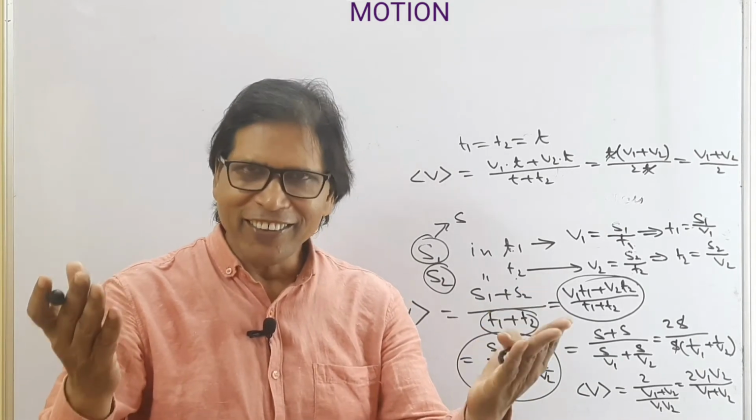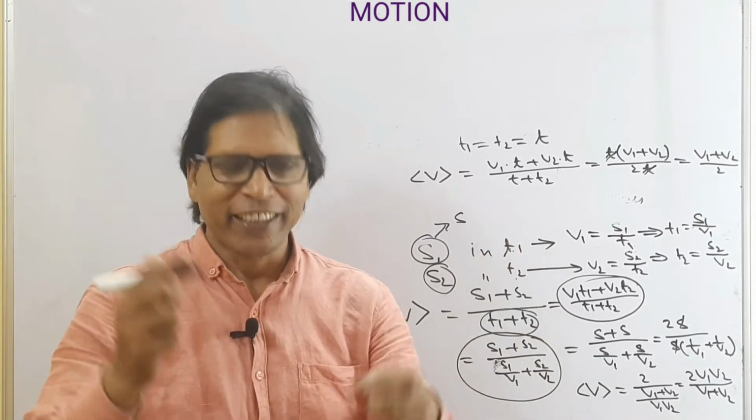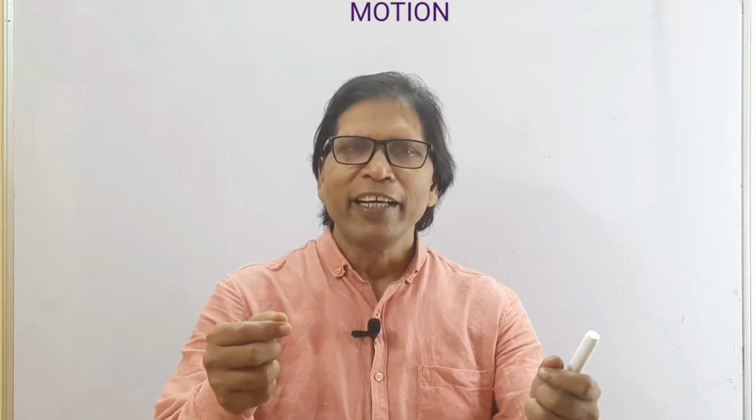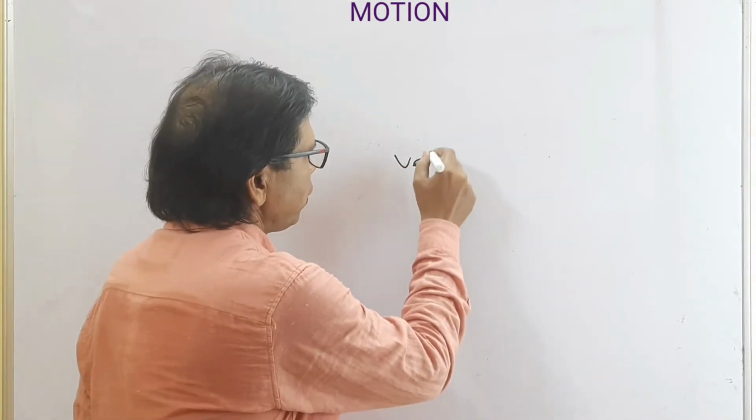Okay. Understood? Now next. Now instantaneous speed. Instantaneous speed is speed at a certain instant. That is, if the time interval is very small, then the ratio of distance covered divided by the small time interval is known as instantaneous speed. Now velocity.